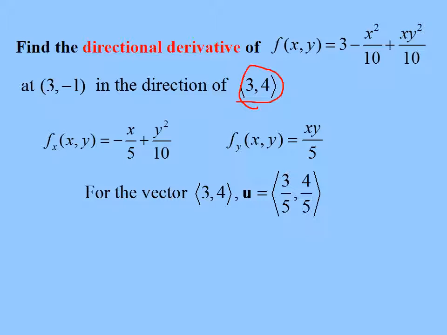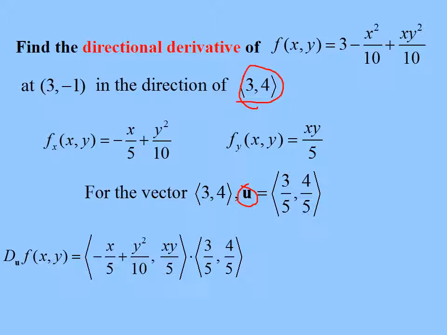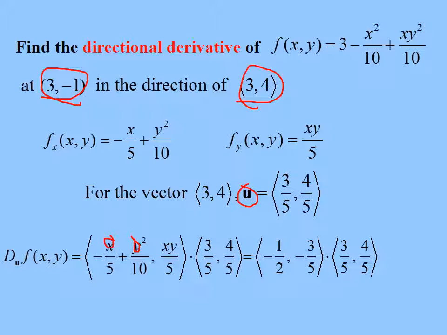So here's our unit vector that gives us our direction. Well, the definition says we need to do the dot product of those two. Now we can do this dot product, come out with x's and y's. However, again, we know our coordinates for x and y, so we could plug those in place of the x's and the y's. Then do the dot product.